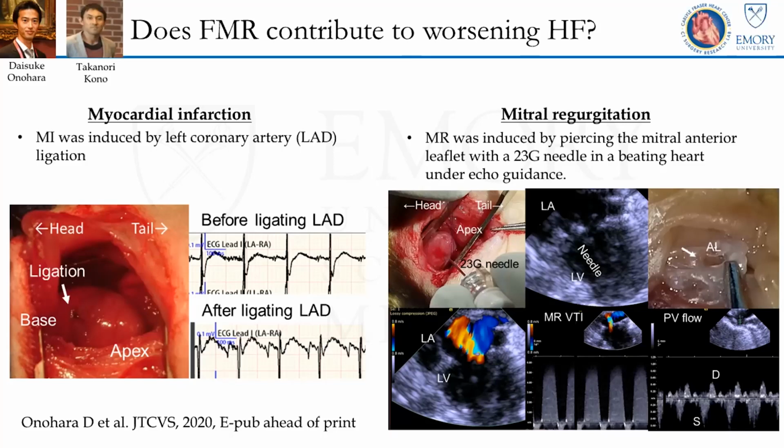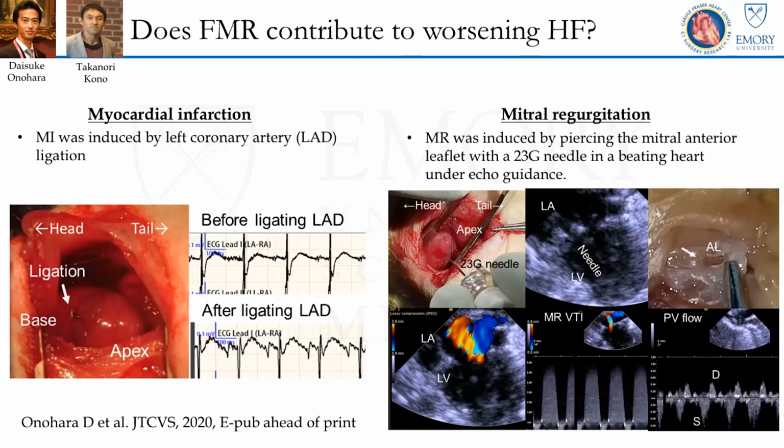We induce mitral regurgitation by introducing a needle into the beating heart, and under transesophageal echo guidance in the rat using an intracardiac echo probe, we advance the needle from the apex into the mitral valve, creating a well-defined hole in the anterior leaflet. This results in a regurgitation jet, which can be confirmed with both color Doppler and spectral Doppler imaging.